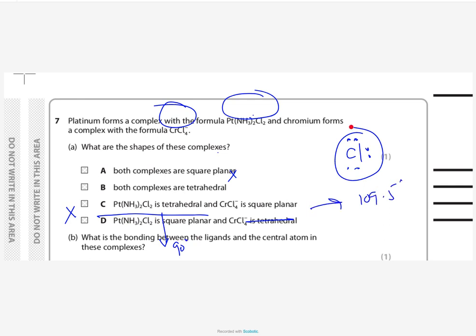So when you have bulky ligands like chlorine, they tend to spread far apart. Therefore, it can't be square planar. Square planar is just 90. It is 109.5, tetrahedral. Right? Clear?